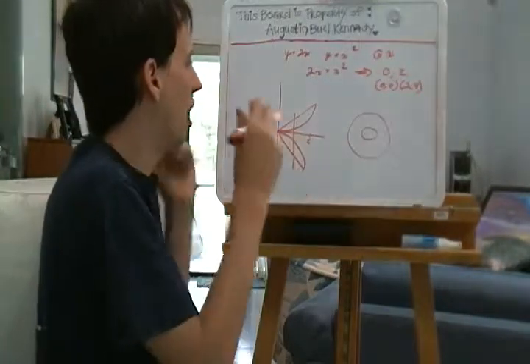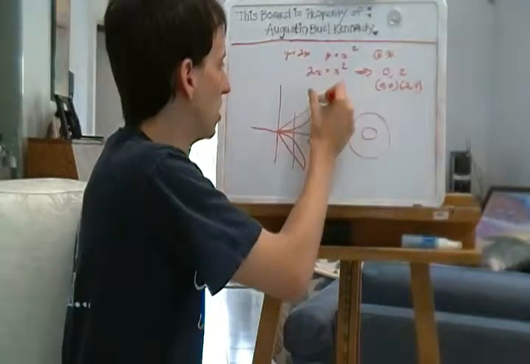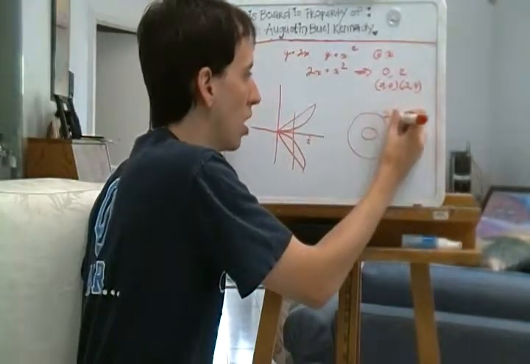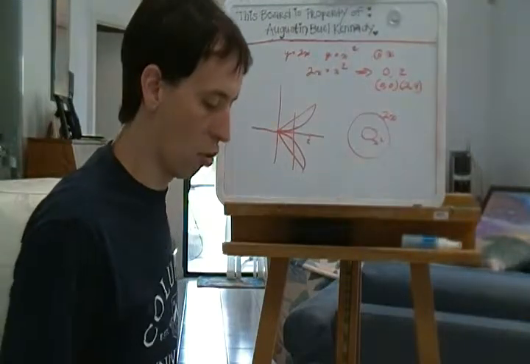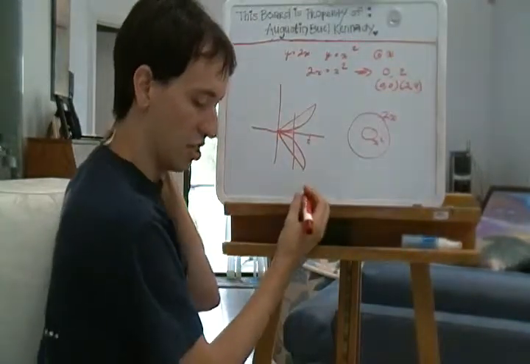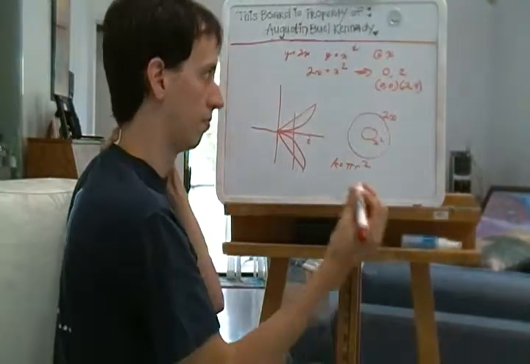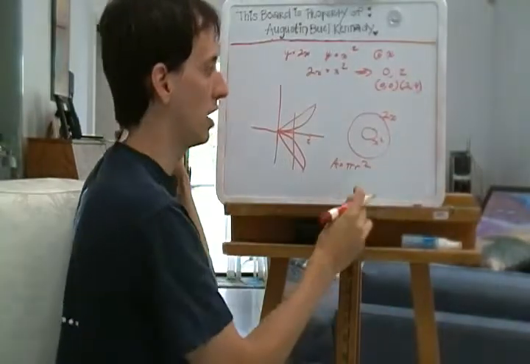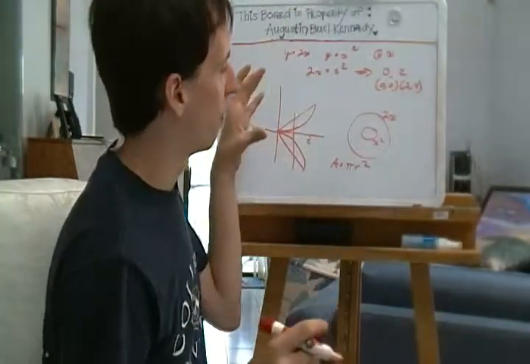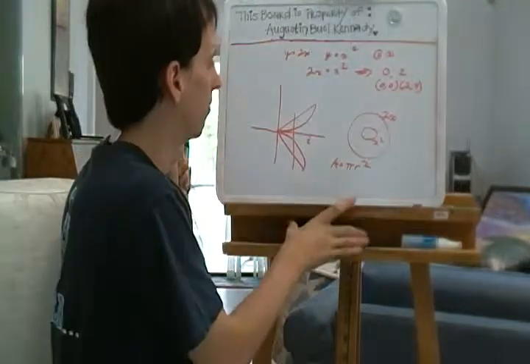In this case, the outer function is the top one, which is 2x, and the inner function, therefore, is x squared. So if area equals pi r squared, because it's the area of a circle, it's going to be the area of the outer minus the area of the inner.